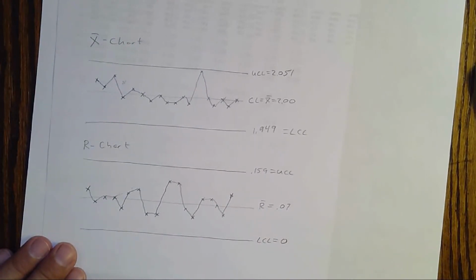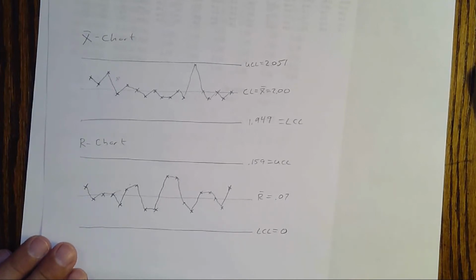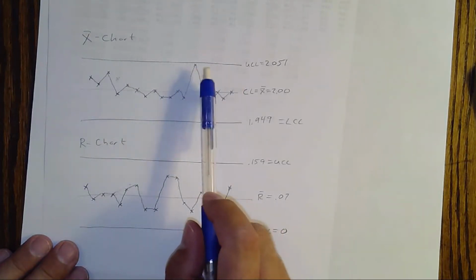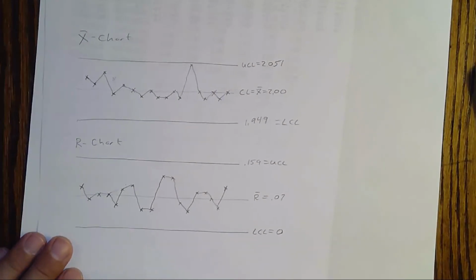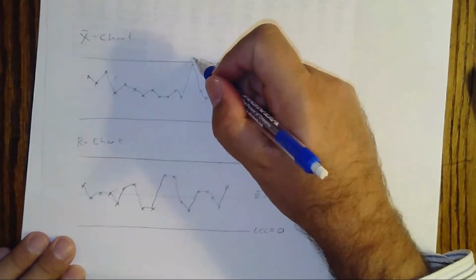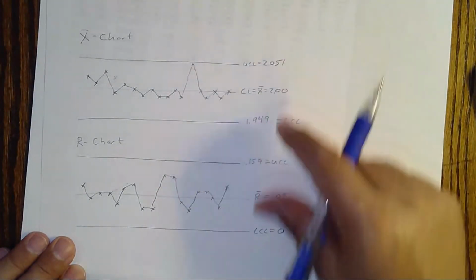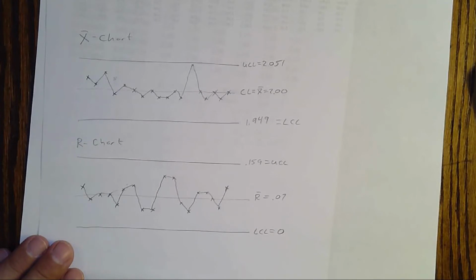The question is this process in control or out of control? It really looks pretty good, except this one data point on the X bar chart, but it's not enough to be classified as probably being out of control. If it were above this upper control limit, we'd say the process is probably out of control. But otherwise, this one looks pretty good, this one looks pretty good. So we'd classify the process as being in control.